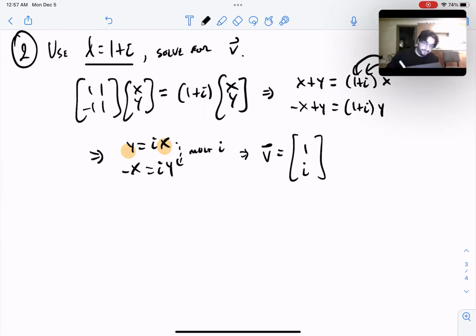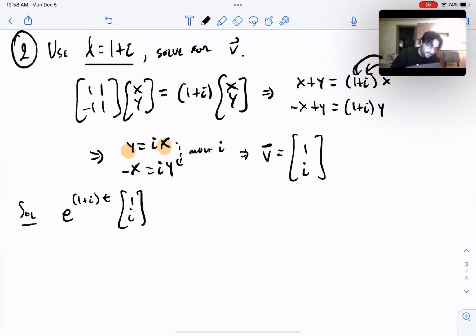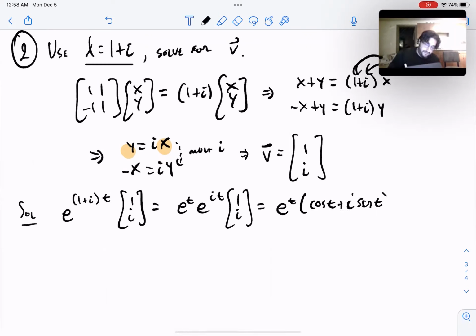Well, the solutions are going to be e to the eigenvalue t times eigenvector. And then we're going to split, using exponent properties, then split using Euler's.